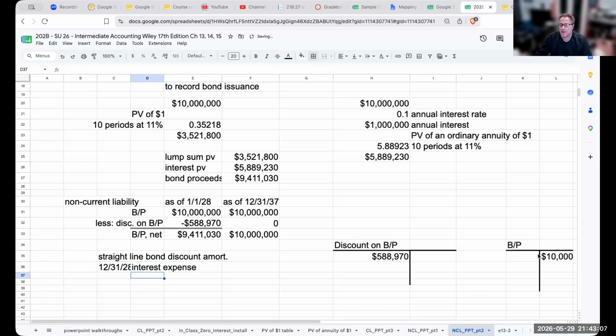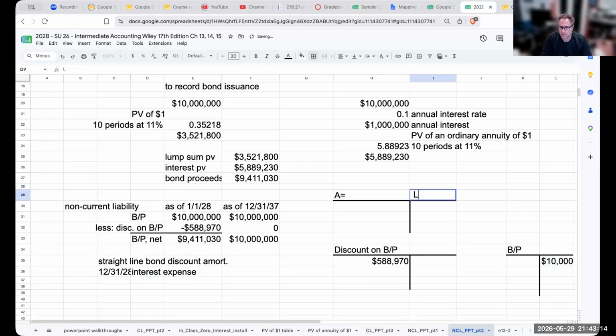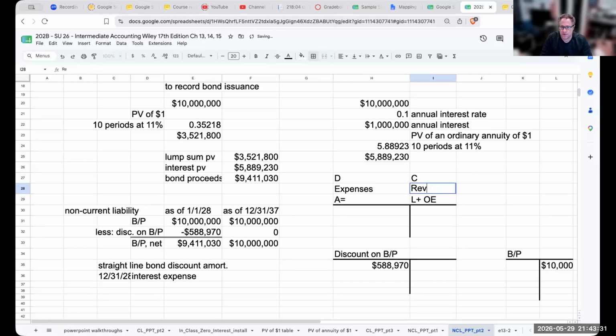Remember that when we're recording transactions, assets equals liabilities plus owner's equity. Assets have debit balances, they're increased with debits, decrease with credits. Liabilities and equity have credit balances, increase with credits, decrease with debits. And then I've got expenses and revenues. So when I record interest expense, this is basically going to be a debit.